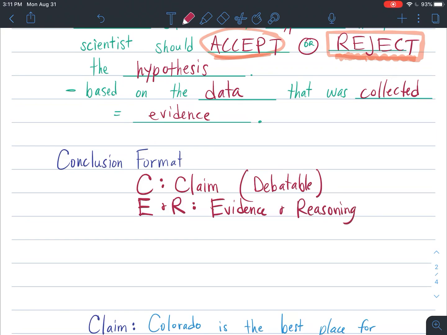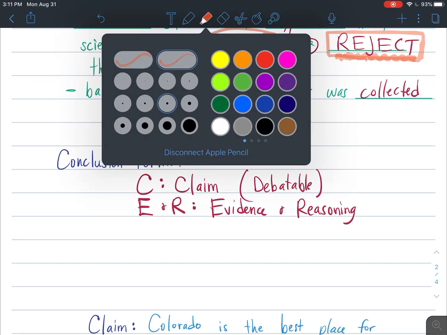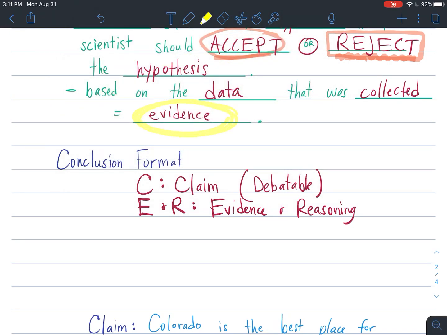So I'm going to say my claim, and I'm going to say cardboard is not as good as computer paper. But here, I'm going to provide some evidence. And the evidence is super important because the evidence proves that your claim is either correct or incorrect. It supports your claim. And then the reasoning is how we talk about our evidence.